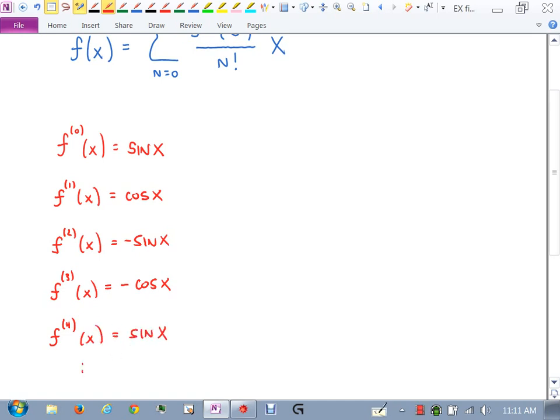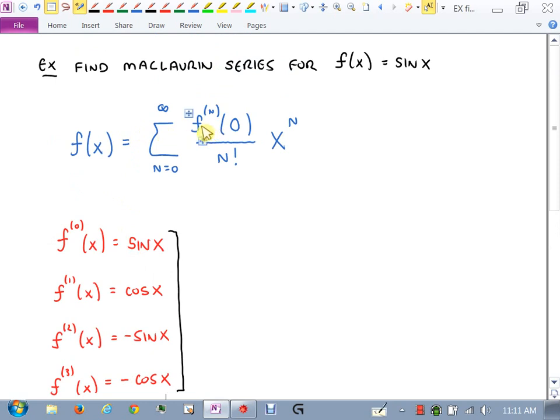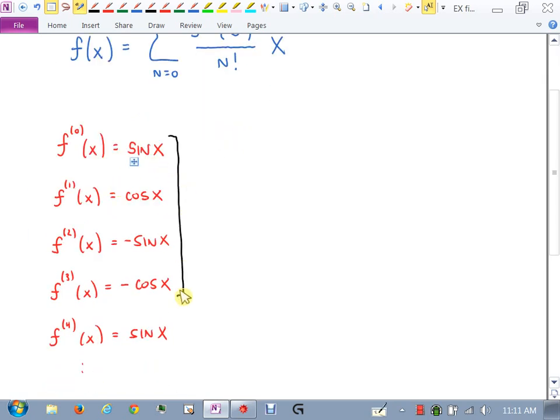And that's just going to repeat that pattern. The pattern being repeated is this block of 4 things: sine x, cosine x, negative sine x, negative cosine x, and it keeps doing that. Now, in our formula, we don't want the nth derivative at x, we want the nth derivative at 0. So I need to plug 0 into all of these. The 0th derivative of f at 0 would be sine of 0, which is 0.